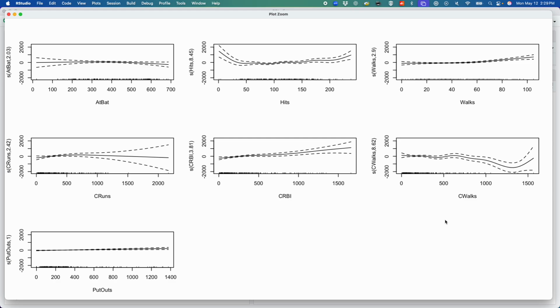For something like putouts, I can see a fairly straight line. Even for CRBI, yes, it wiggles a little bit, but if you were running a linear regression, it's probably good enough. But look at, for example, AtBat and Hits. Neither of those are good demonstrations of linear fits, so if you were running a linear regression, the assumption of a linear relationship probably isn't a good one.